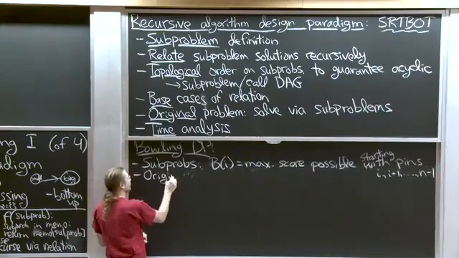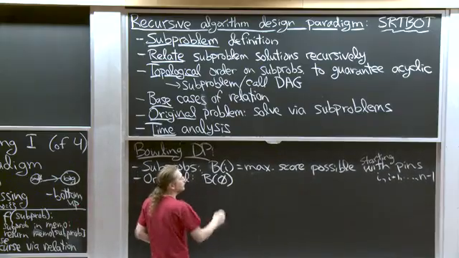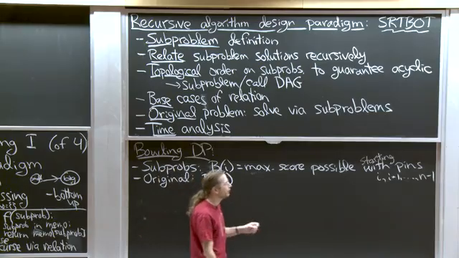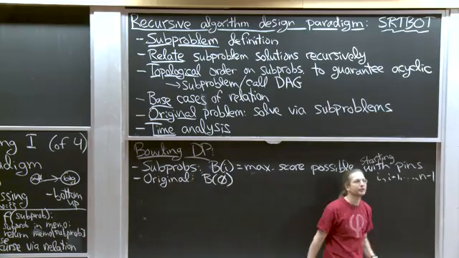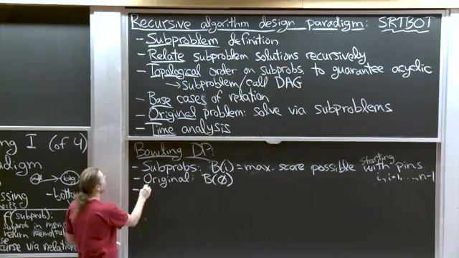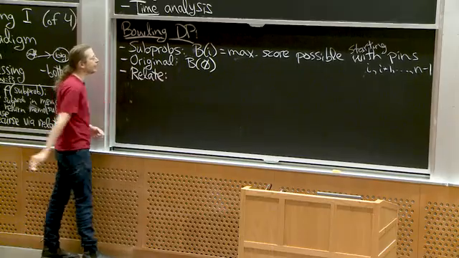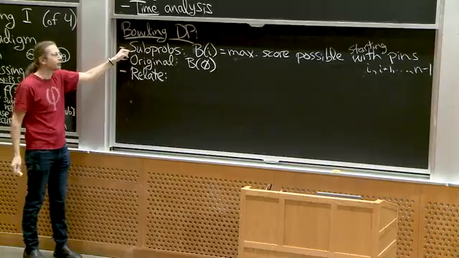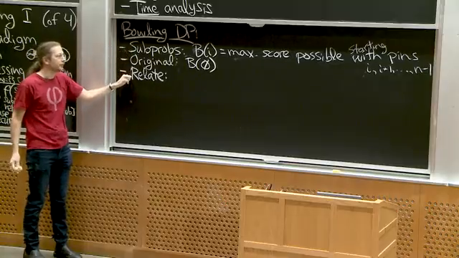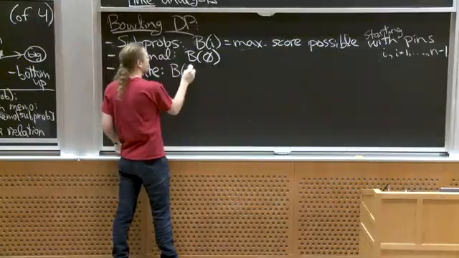The original problem we're trying to solve is B of 0, because the suffix starting at 0 is everything. If we can solve that, we're done. Next is R for relate. This is the test of whether I got the subproblems right: whether I can write a recurrence relation. So let's try to do it. We want to compute B of i.